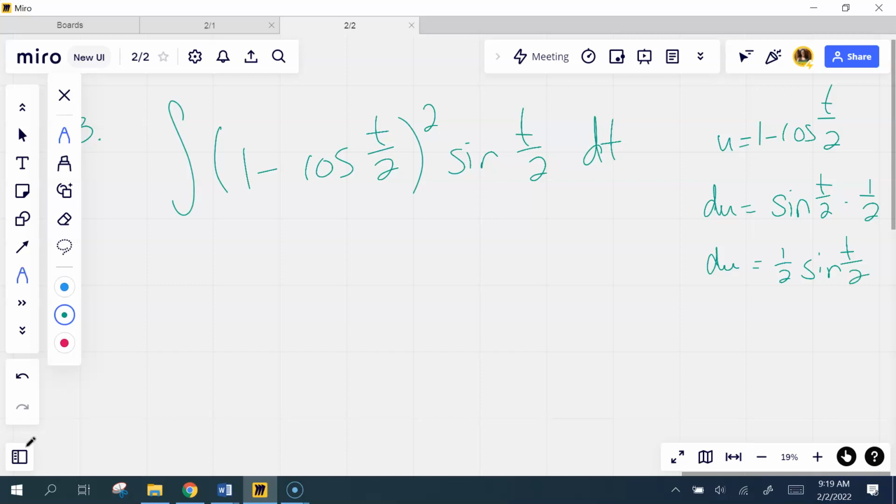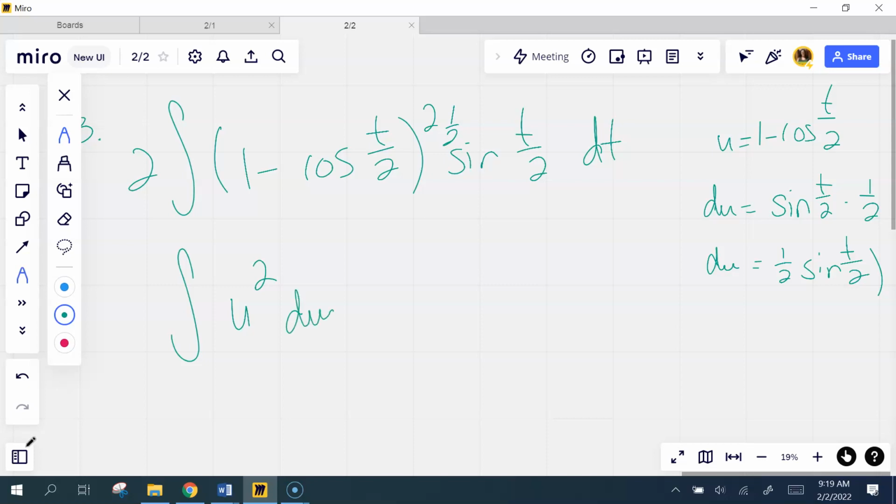Oh, this one's not as bad as the other one. It's pretty straightforward. So I have u squared, right? And now look at what I'm missing here. I'm missing the 1/2 here. This one needs a 1/2, put a 1/2 here and put a 2 on the outside.